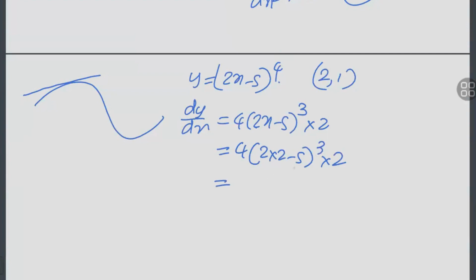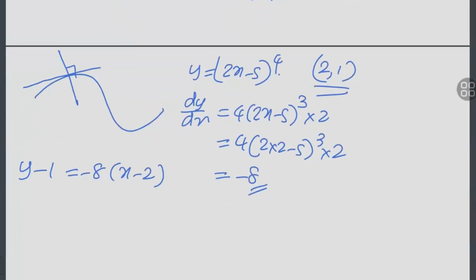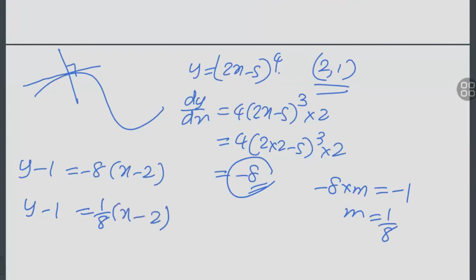So then minus 8. This is the tangent gradient. Then you have the coordinate, you can write the equation: y minus 1 equals minus 8 into x minus 2. If they ask the normal equation, this is minus 8 into m equals minus 1, m equals 1 over 8. Write the normal equation: y minus 1 equals 1 over 8 into x minus 2. That is the only difference.